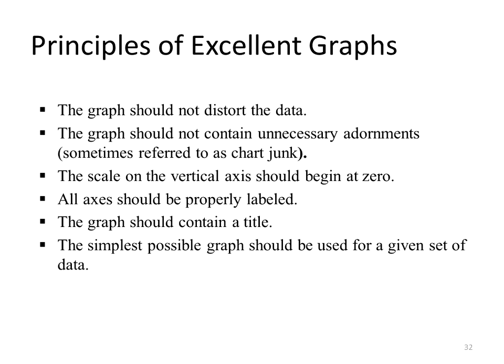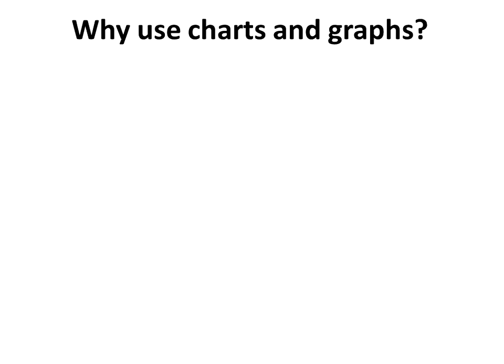So you put the break and then you start off counting with the usual, or otherwise your graph will be drawn way off the page or way off on one side. And then all axes should be properly labeled, the graph should contain a title, and the simplest possible graph should be used for a given set of data.